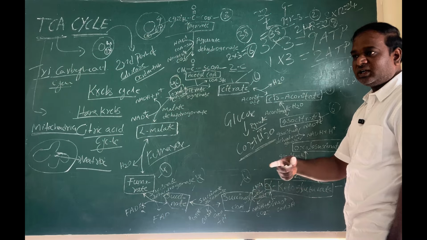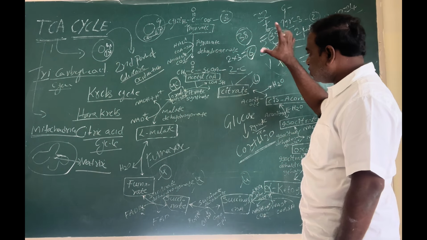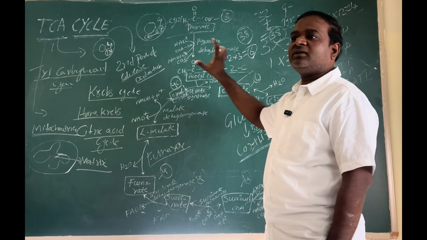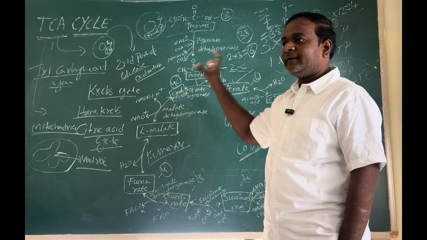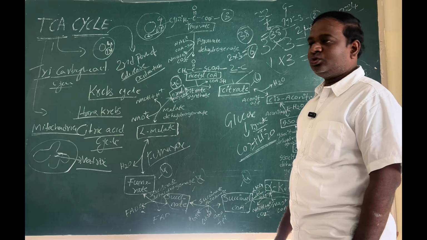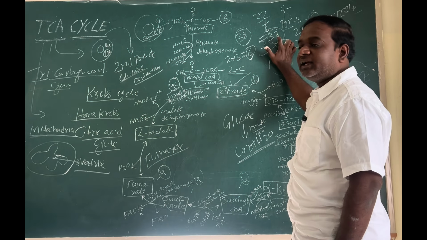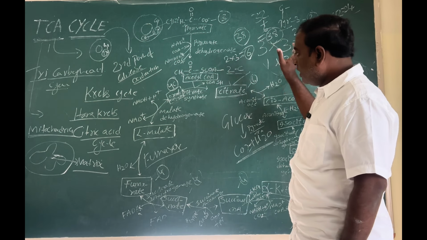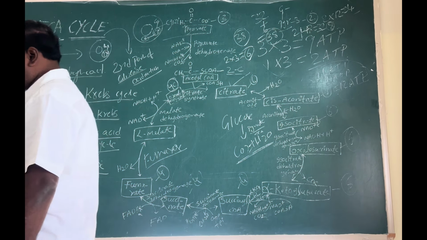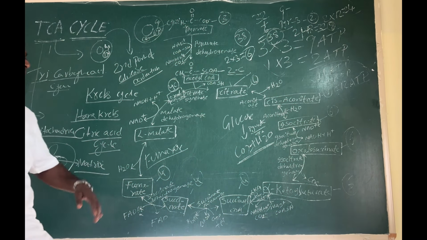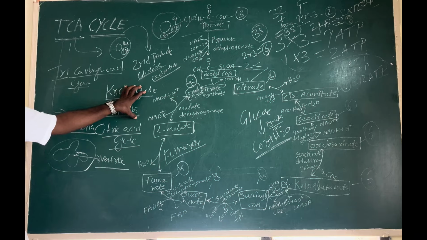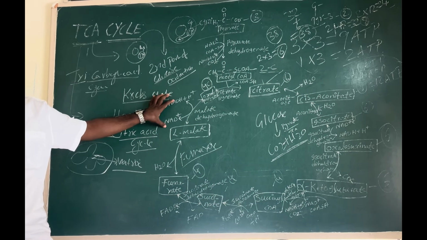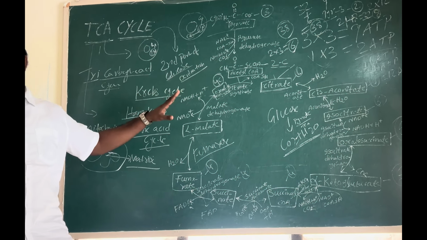2 CO2 are released. And this total pathway happens mainly for the production of ATP, a total production of 38 ATP. The TCA cycle also has more importance, as it is the most important cycle for formation of a large number of intermediates.